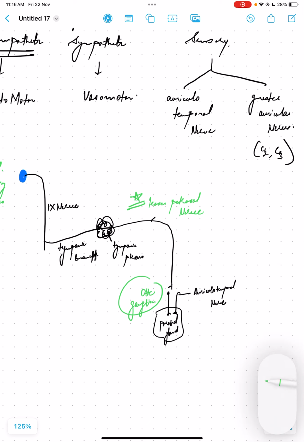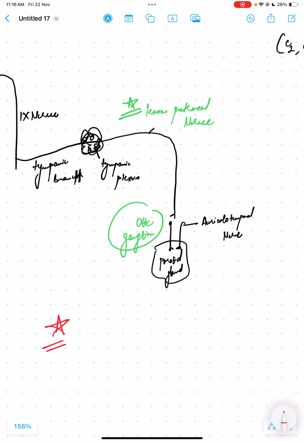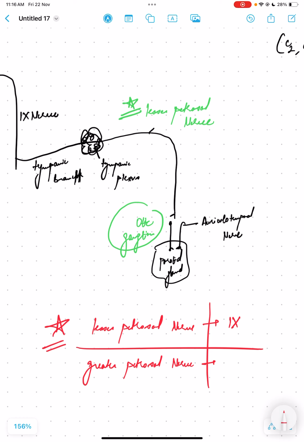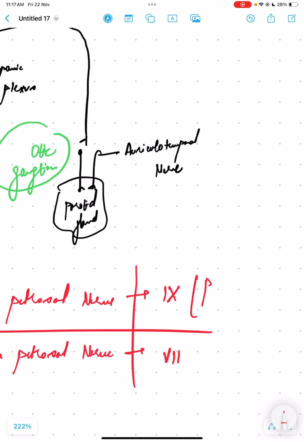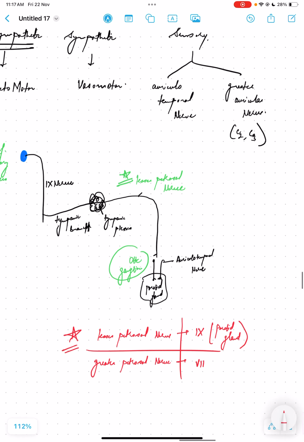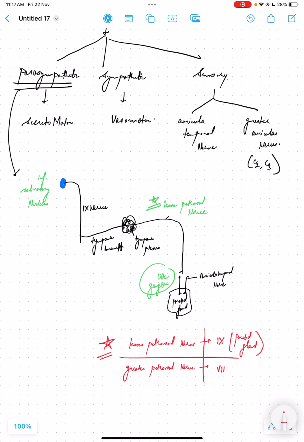I will write down the important points: the lesser petrosal and greater petrosal nerve. The lesser petrosal nerve is associated with the ninth nerve, and the greater petrosal nerve with the seventh nerve. The lesser petrosal nerve involves the parotid gland. So you can draw this course to explain the parasympathetic nerve supply.